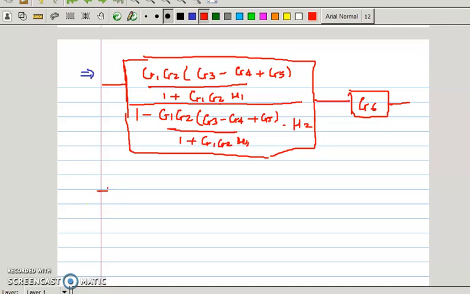Better, can we minimize the block? Okay, let's minimize the block.